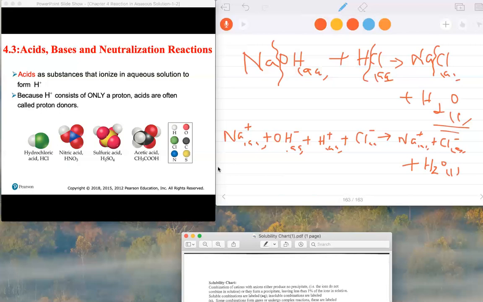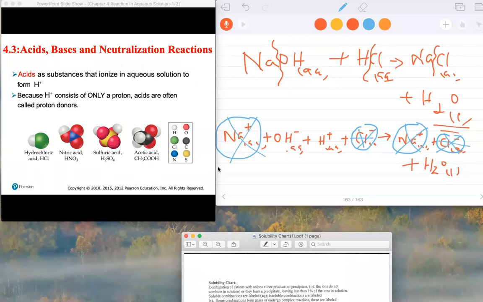So what appears exactly the same on either side, we call these spectator ions. They look alike on either side, and we cancel them out.